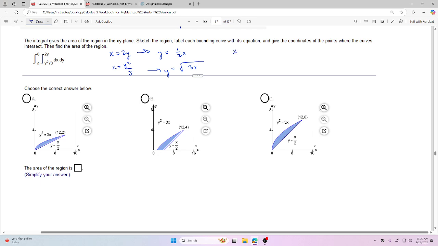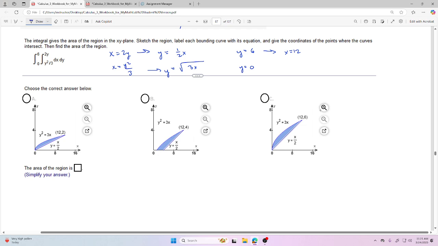I also have y equals 6 and y equals 0. If I were to plug these things in, maybe these two right here, what would I get out of that? Wouldn't that be x equals 3? Actually, if you plug in a 6 right here, oh wait, that'd be 12. Yeah, 12.